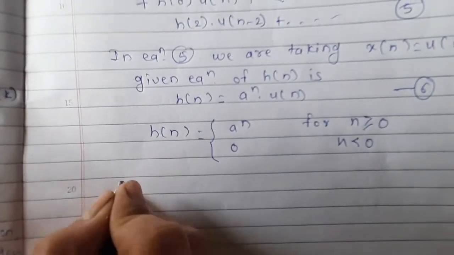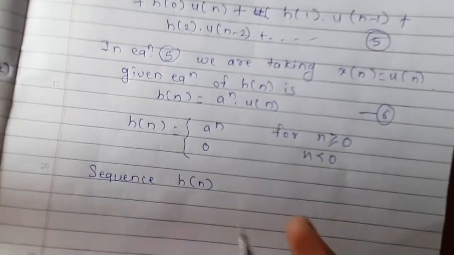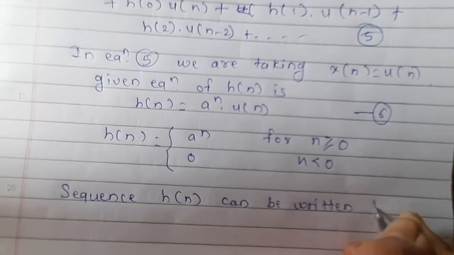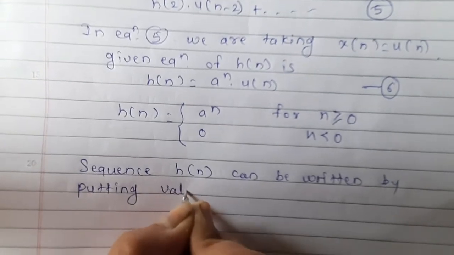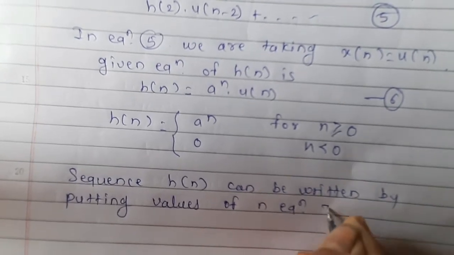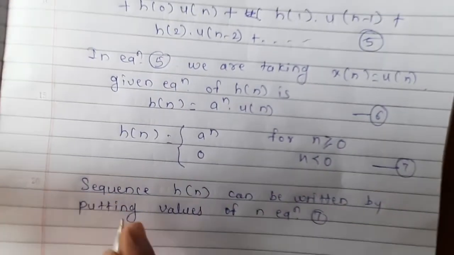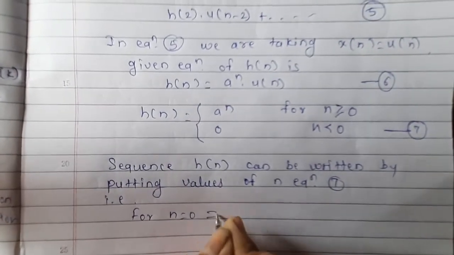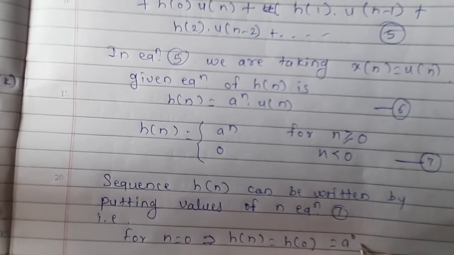Now sequence h of n can be written by putting values of n in equation 7. For n equal to 0, h of 0 is equal to a raised to 0, equal to 1.